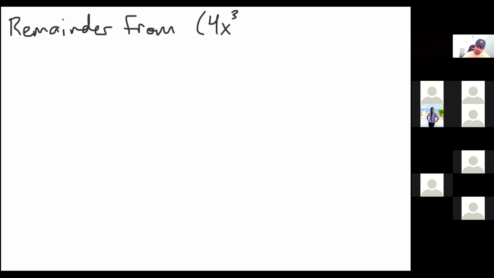Not 4x cubed, just x cubed. And be careful here, because when you go through synthetic division, you have to make sure you include that x term, the coefficient for the x term.